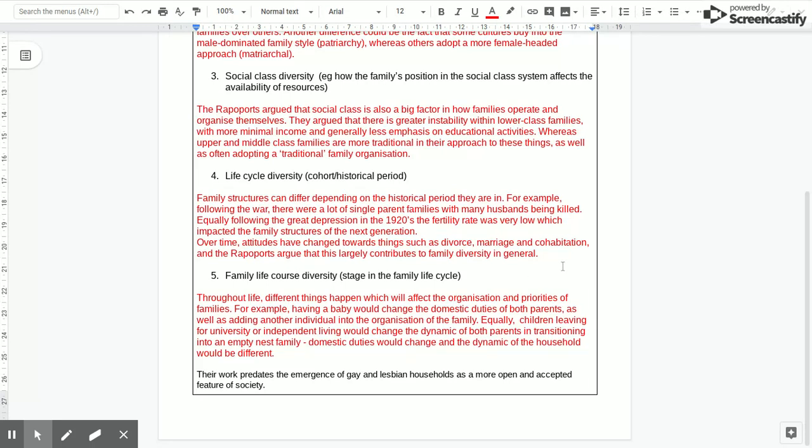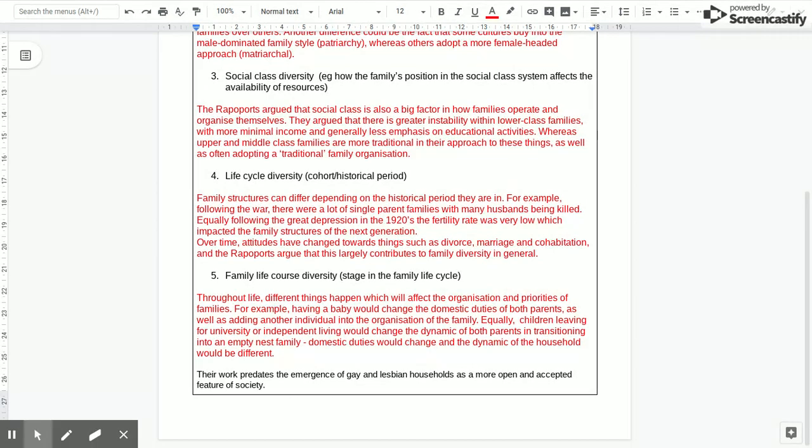Okay. And then finally, we have family life course diversity. Okay, the final one. So the idea being that depending on where you are in your life, okay, you will be going through a different set of priorities and different set of values, and that will affect how your family is organized. Okay, so for example, having a baby, okay, would change the domestic duties of both of the parents.